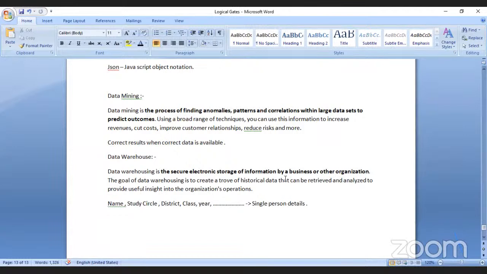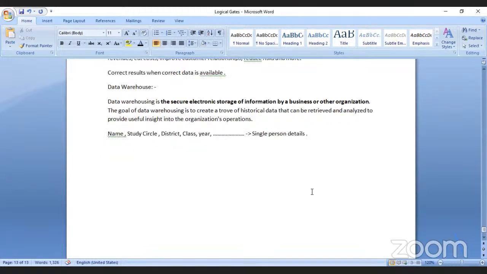Data warehouse. Just see here, I want to tell you: people will definitely be confused about what a database is, what a data set is, what a data warehouse is. A collection of data will be available in a database. A collection of databases is available in data sets. A collection of data sets is available in a data warehouse.